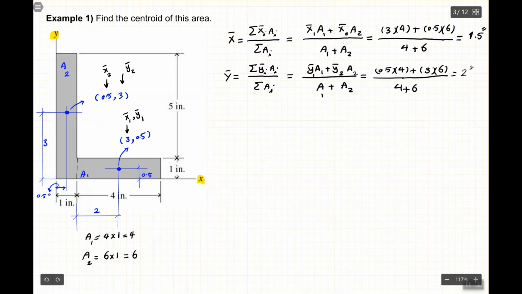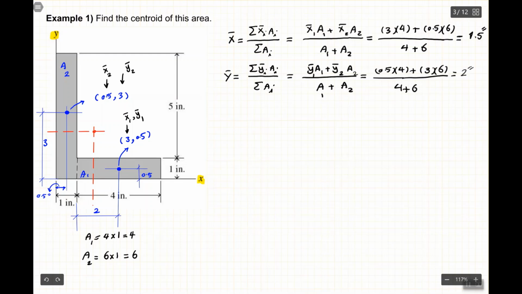It gives me 2 inches. So we'll see here the coordinate of the centroid is at a point which is 2 inches, somewhere around here. Sorry, 1.5, which is around maybe here, just approximately, and 2 inches, somewhere around here.